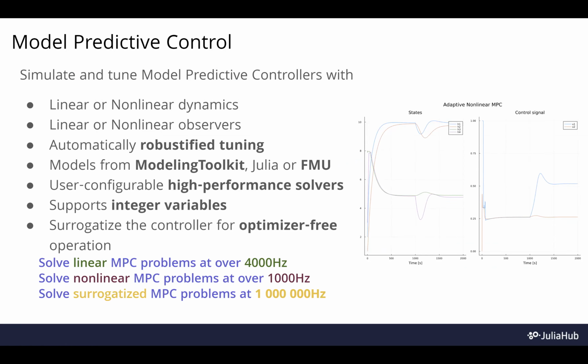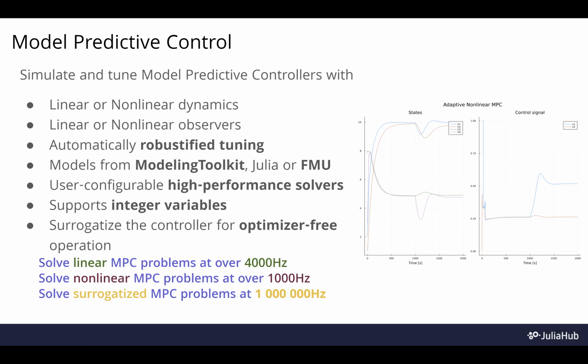So why would you want to design a model predictive controller using JuliaSim? The nice thing about model predictive control is that you could use a linear or a nonlinear plant model, with linear or nonlinear dynamics. So you have two options. You've built this beautiful model using ModelingToolkit, which is our modeling and simulation base.